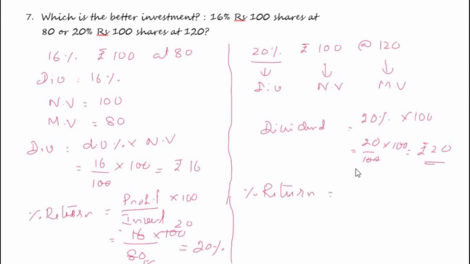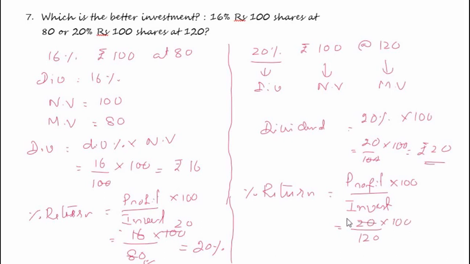So that is profit divided by investment into 100. So profit is rupees 20, investment is 120 here, into 100.